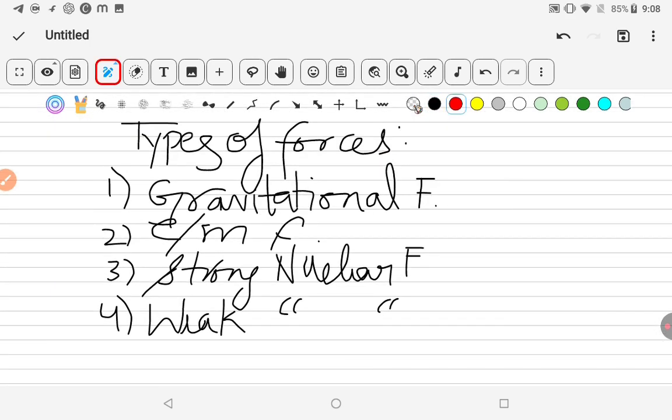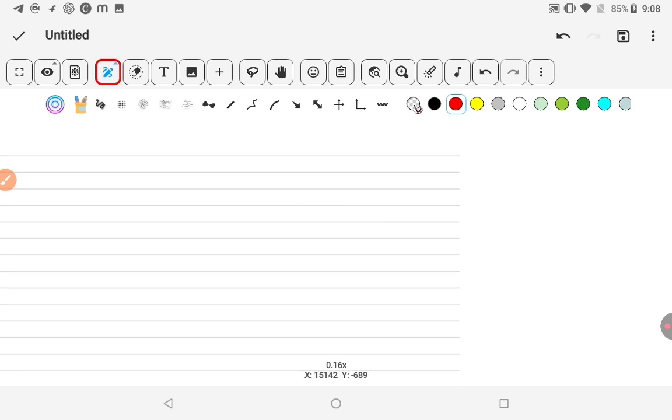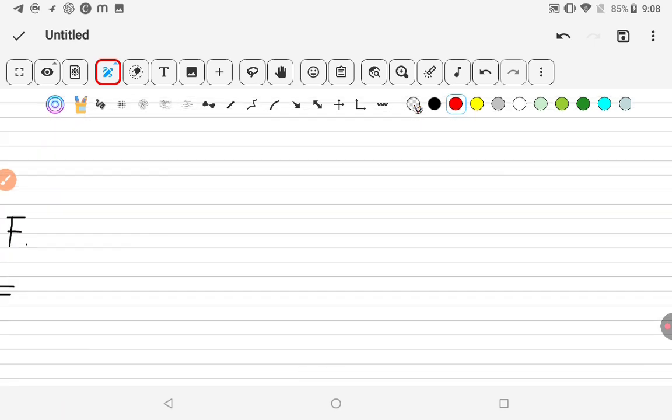First is gravitational force. So let's start with gravitational only. In 10th class and maybe in 9th also, we have already learned what gravitational force is, but let's start with the very basic, the law of gravitation.